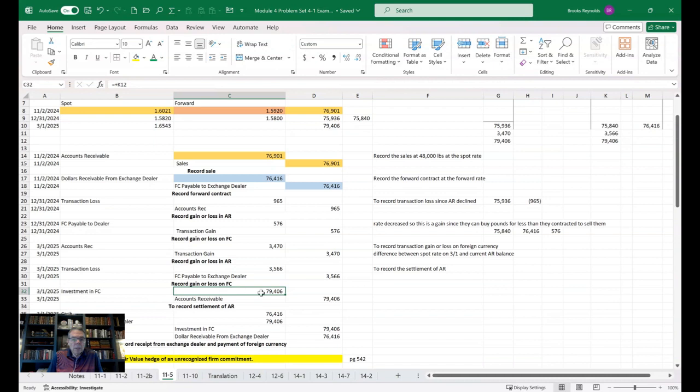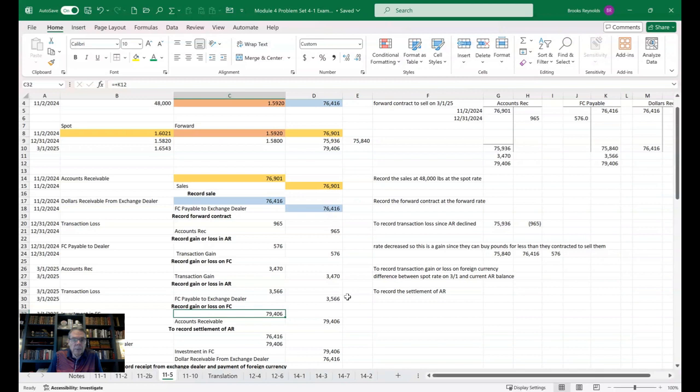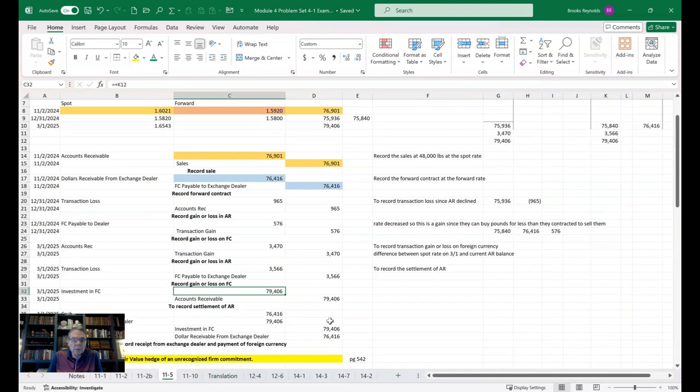All right. So now we are going to deliver our investment to the dealer, okay? And so we are going to eliminate our accounts receivable, or I'm sorry, we are going to get 48,000 from our customer.